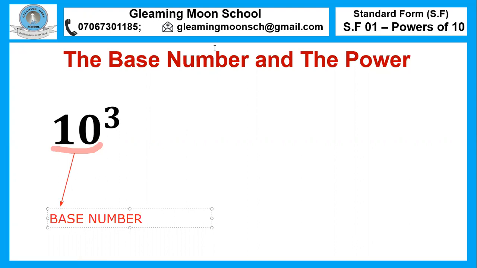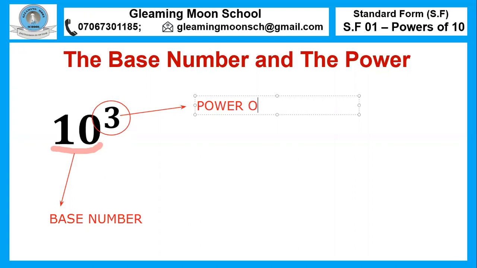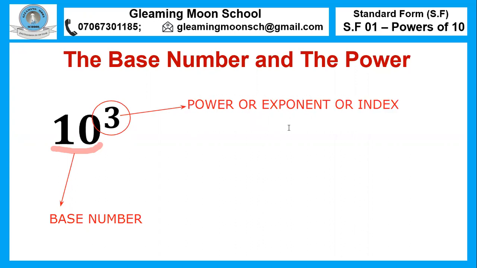And this 3, this tiny 3 here, so I'm going to circle this 3 for you, this 3 is what we call the power. You can also call it the exponent, or you can call it the index. All these 3 words mean the same thing, okay? So you can call it the power, or the exponent, or the index.